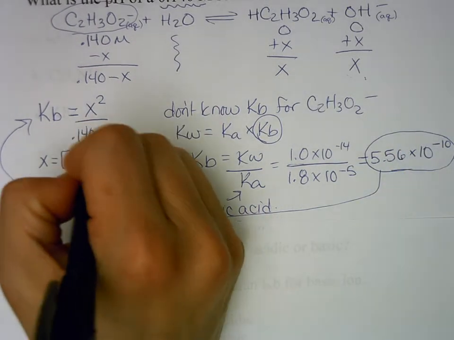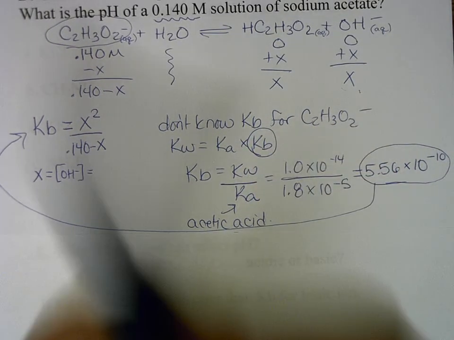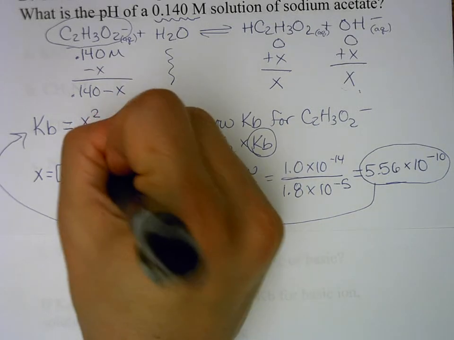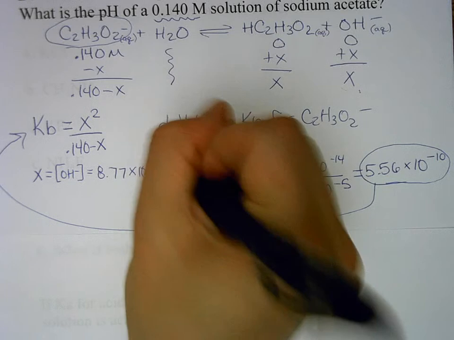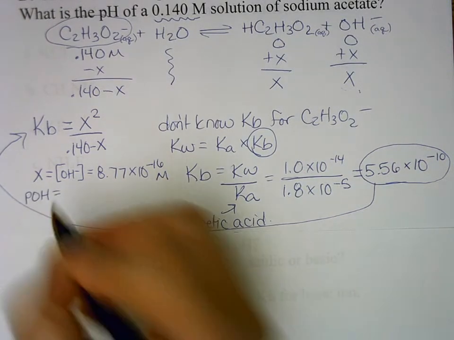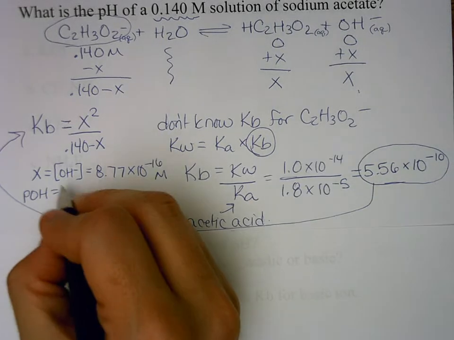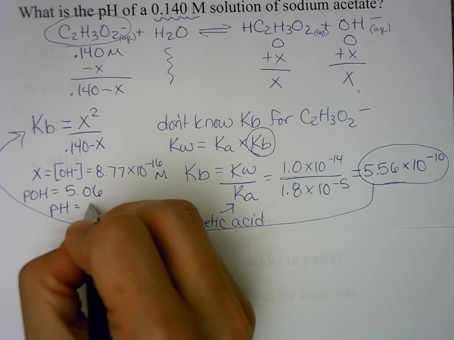So make sure you're looking at your reaction and what you're solving for up here. Hydroxide ion concentration, 8.77 times 10 to the negative 16 molar. And I'm not going to go through all of this again, because once you have hydroxide ion concentration, you negative log it, gives you pOH is 5.06. pH equals 8.94.